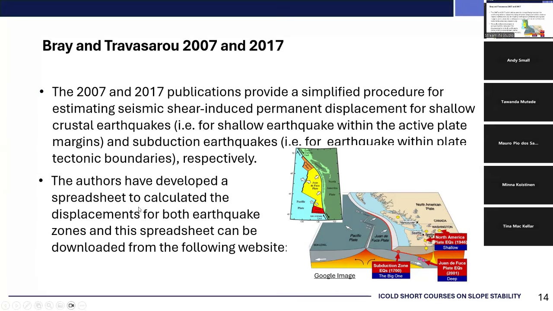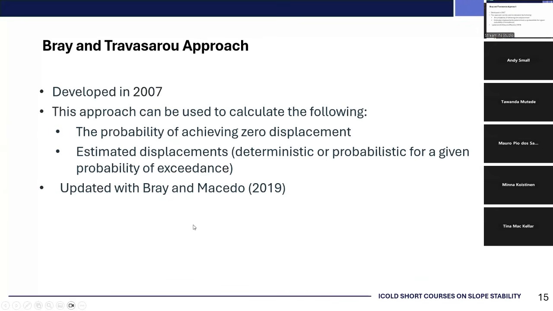And they have provided a spreadsheet to help you with that. It helps you calculate the displacements for these different earthquake zones. It was initially developed in 2007. It can be used to determine the probability of achieving a zero displacement, and it can provide estimated displacements. Jorge Macedo and Jonathan Bray then updated the work in 2019. At the end of this presentation, I have a series of references, including the specific references to these papers.